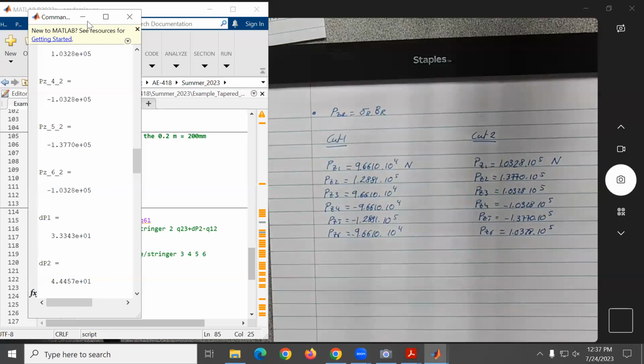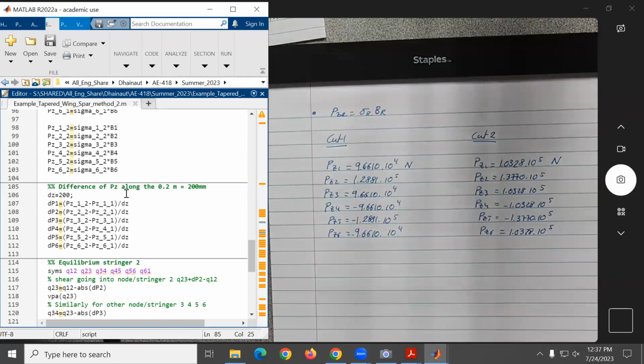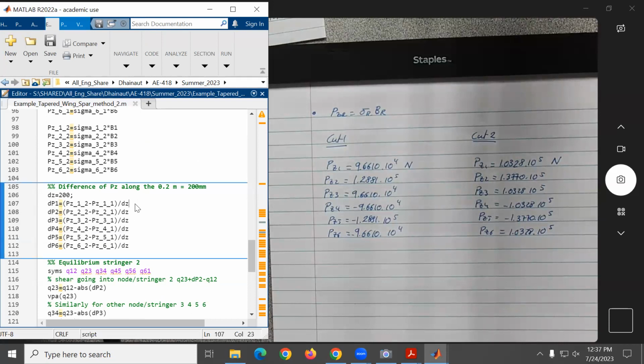So that is what we're doing next. You see over here the DPs. Let's see, the difference of PZ along the distance 0.2 meters, so it will be 200 millimeters. I define here the DP as being force per unit length, so I do DP divided by DZ for each one of them.